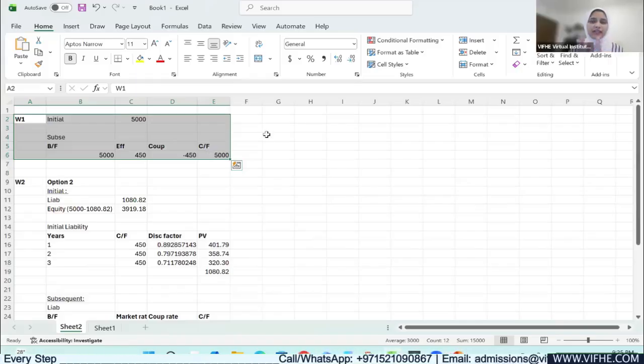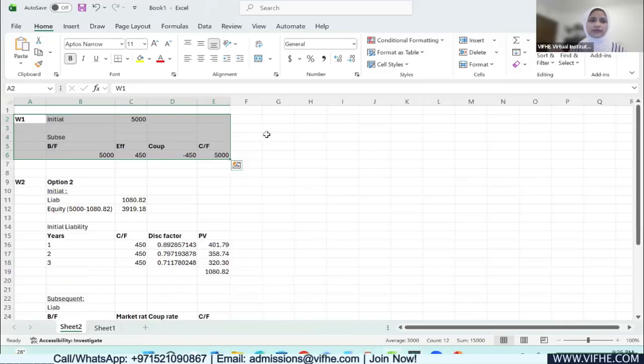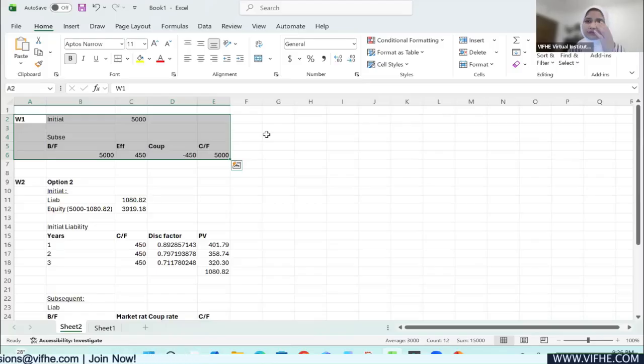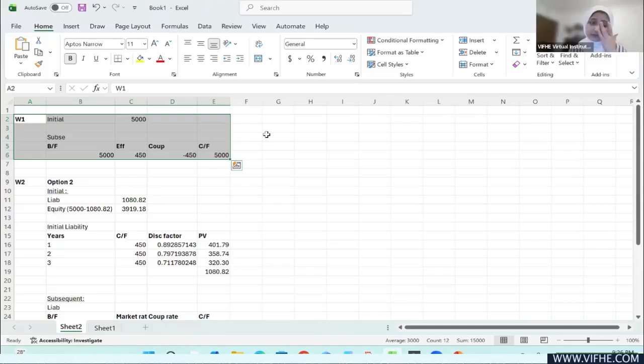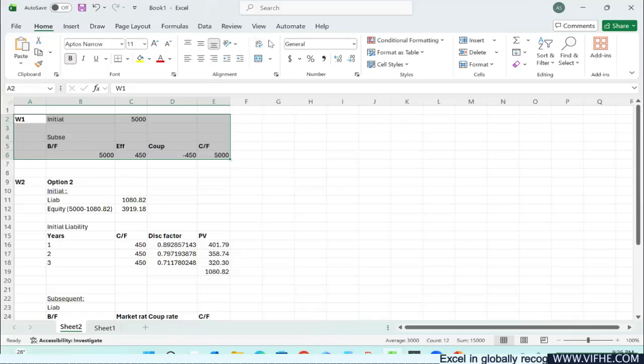In cheat sheets, you have financial liabilities, correct? You just have to record it using the amortized cost table: brought forward, effective interest, coupon, carry forward. The financial liability, the ordinary loan notes, is treated as a loan note.